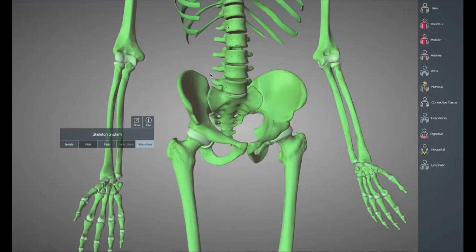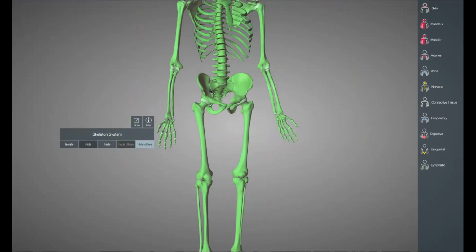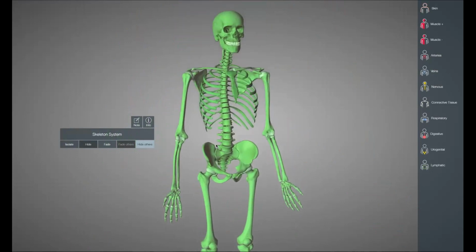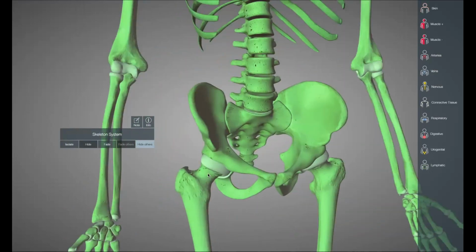Any questions? By the way, if we describe the hip joint, we need to mention that the hip joint consists of the acetabulum and the head of femur. So do we need to say what the acetabulum consists of?